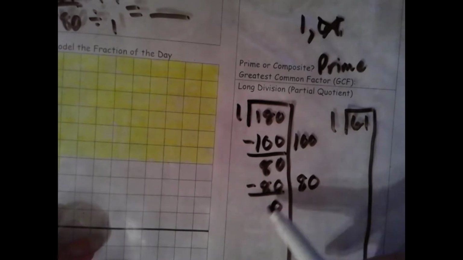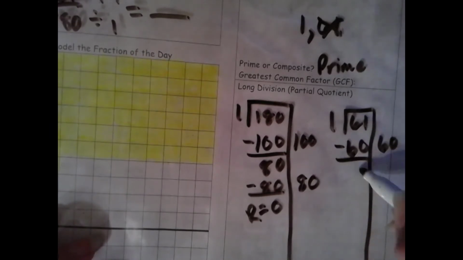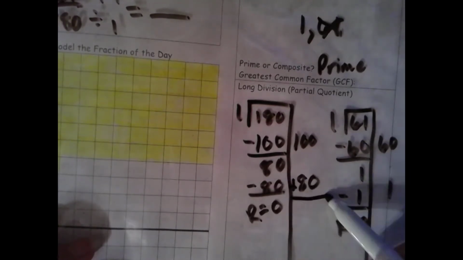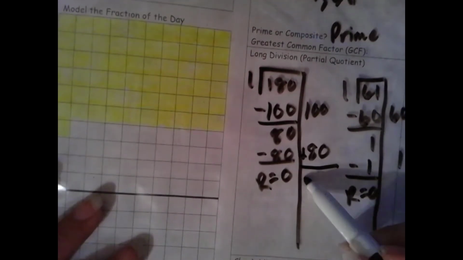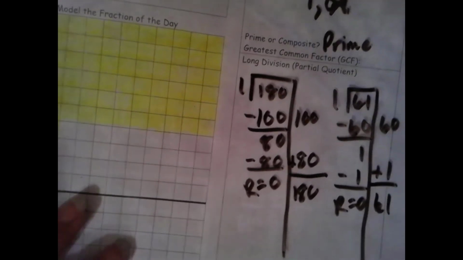Numbers the same, zeros the game. Here, 60 times 1 is 60. I get 1. 1 times 1 is 1. Numbers the same, zeros the game. Add our partial quotients. 100 plus 80 is 180. Here, 60 plus 1 is 61.